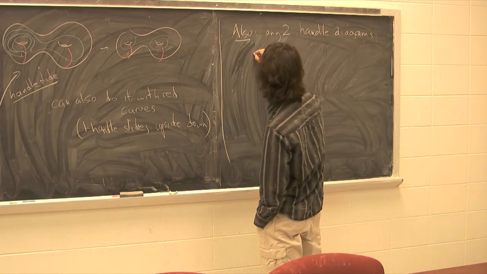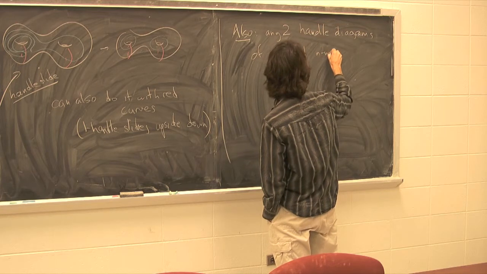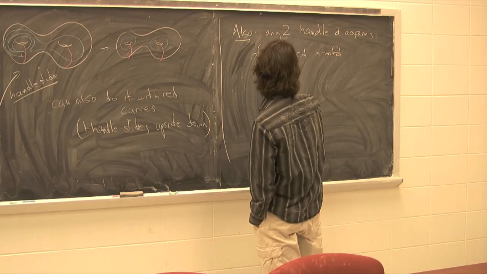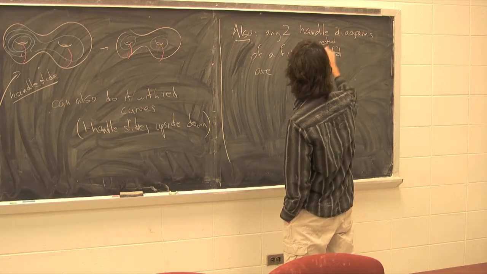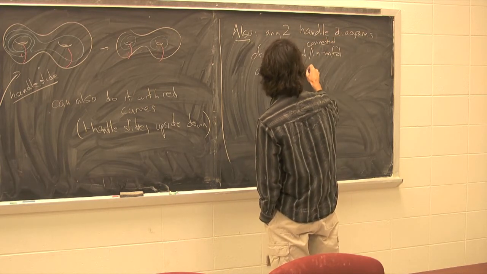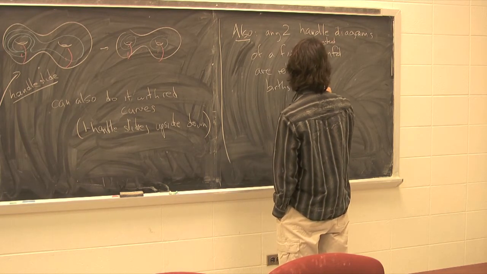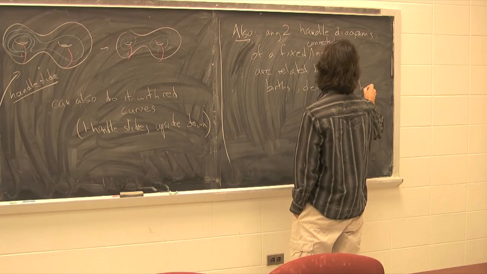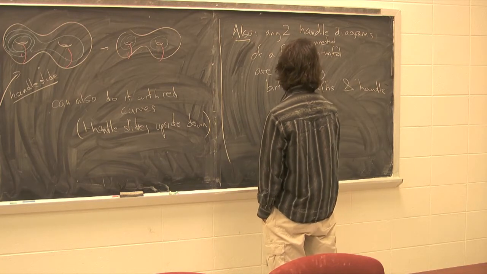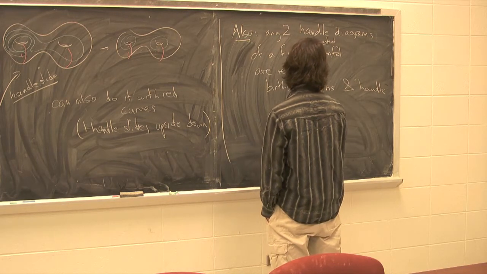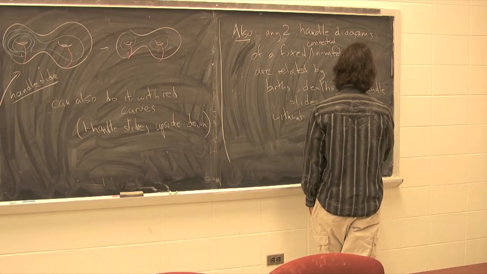Any two handle diagrams of a fixed connected n manifold are related by births, deaths, and handle slides. We already said that, but I'm just going to say it without zero handles or n handles.